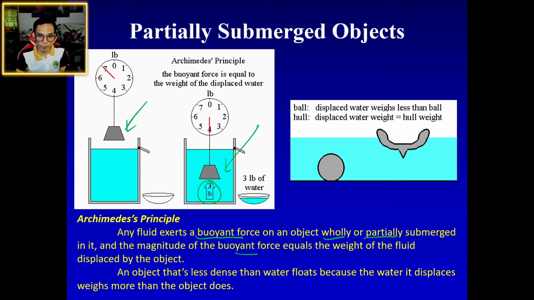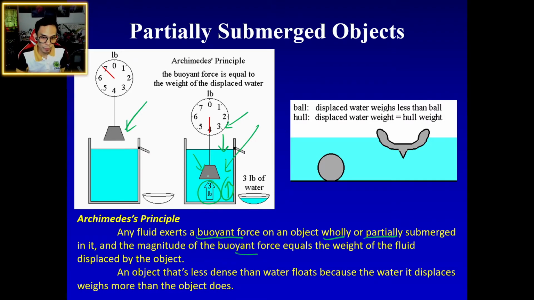Since these act in different directions, the weight and the buoyant force are opposite in direction. So if you subtract the buoyant force from the weight, the mass you have over here will register as 4 pounds. Where did the 3 pounds go?